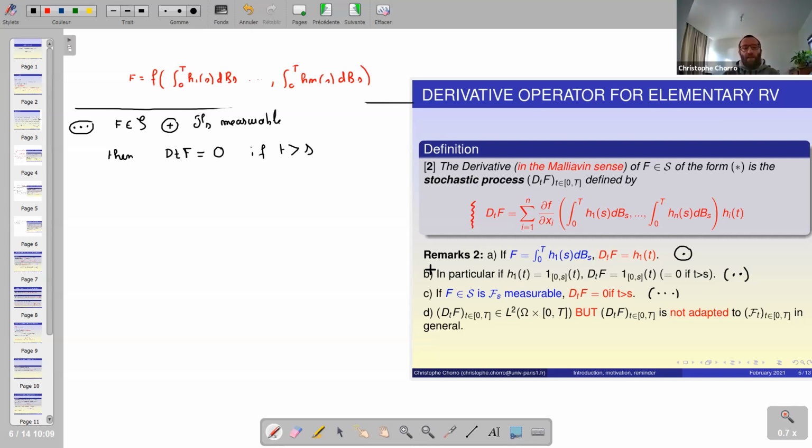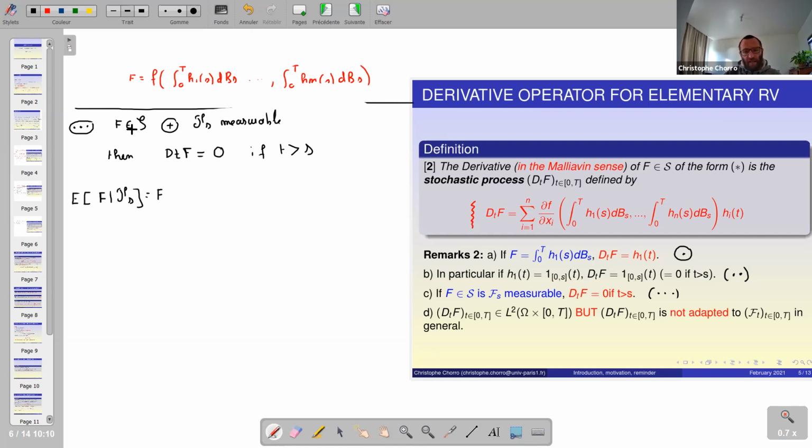So let's see this relation. It is a direct consequence of what I have here. F is an elementary random variable, so it has its form here, and it is F_s measurable. So if I consider the conditional expectation of F given F_s, since F is F_s measurable, I simply have capital F here.